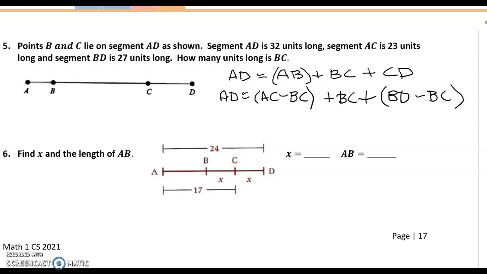So using the givens, we can write an expression for AB by taking the length of segment AC and subtracting segment BC. We're taking all of AC, subtracting off BC, leaving us with AB.